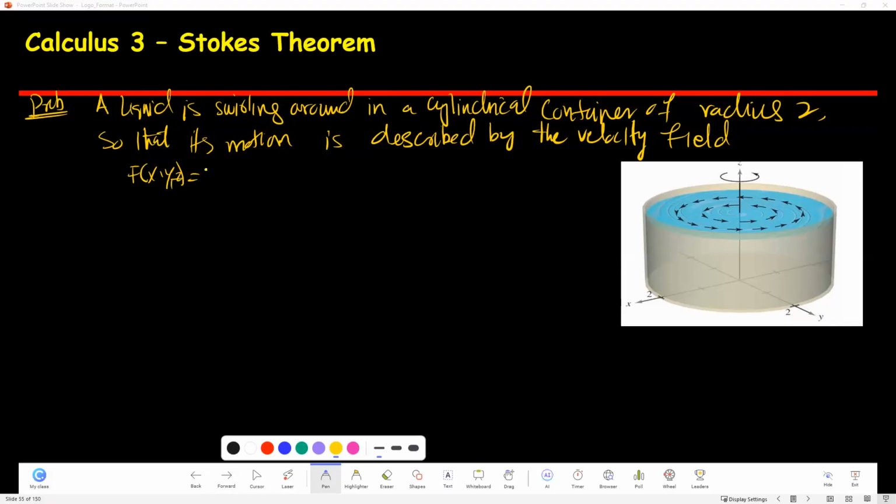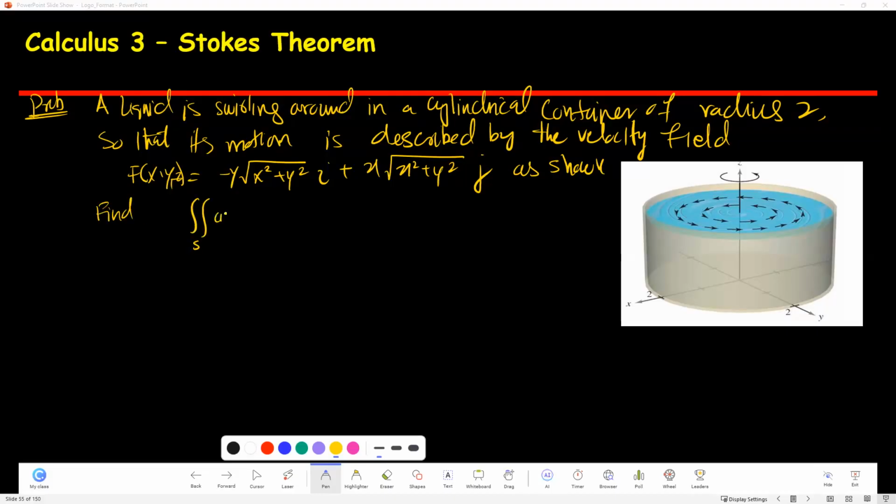So they're going to be c2 and minus y, okay, as shown. Find this.